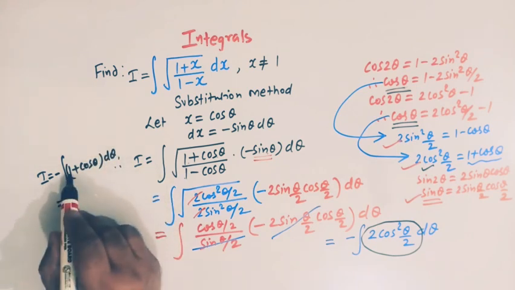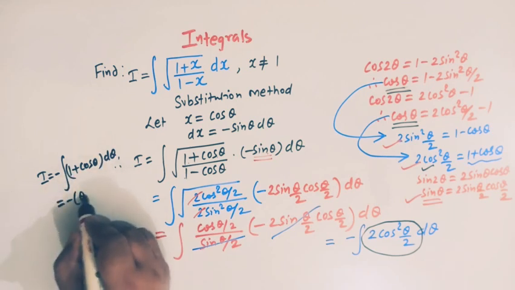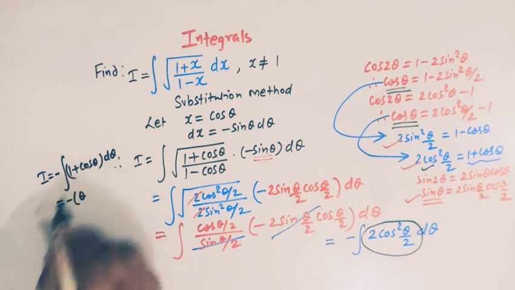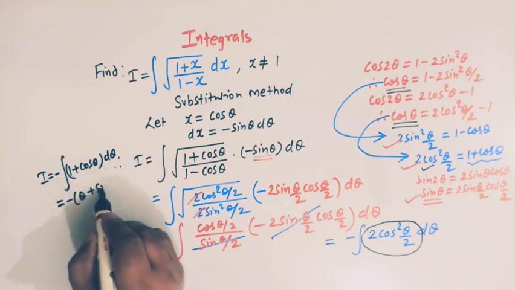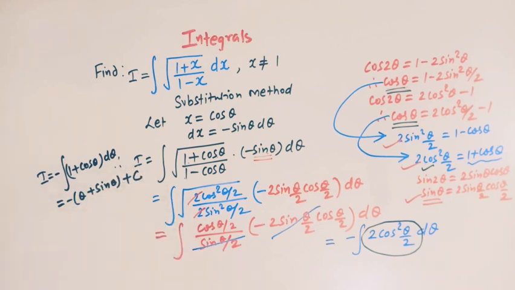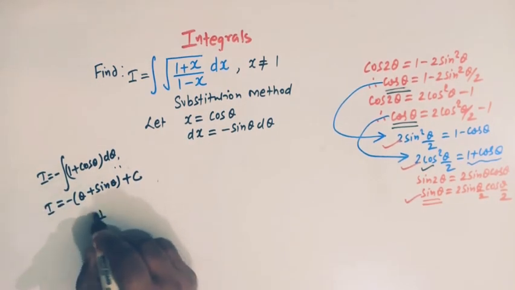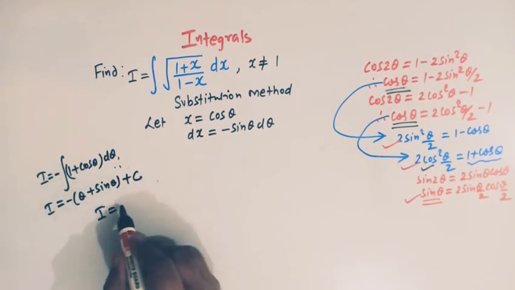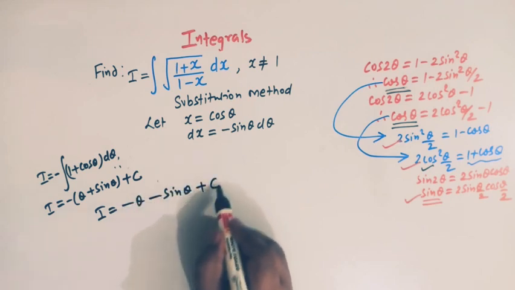Okay, now the integral of 1 d theta is theta, and the integral of cos theta is plus sine theta, right? And c is the constant of integration. So now I can be expressed as minus theta minus sine theta plus c, right?